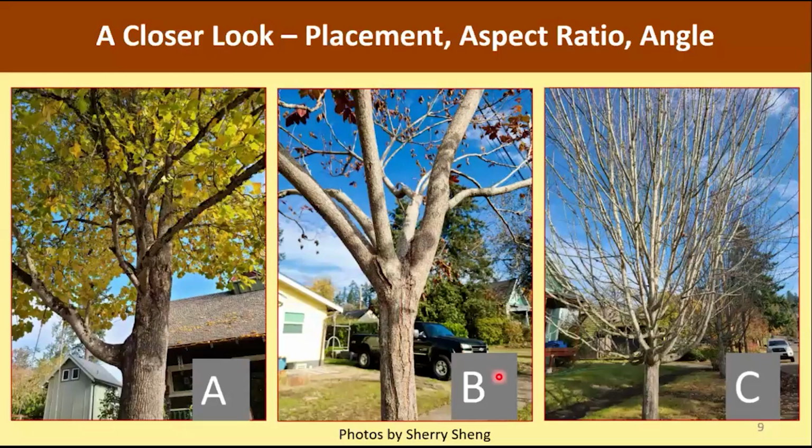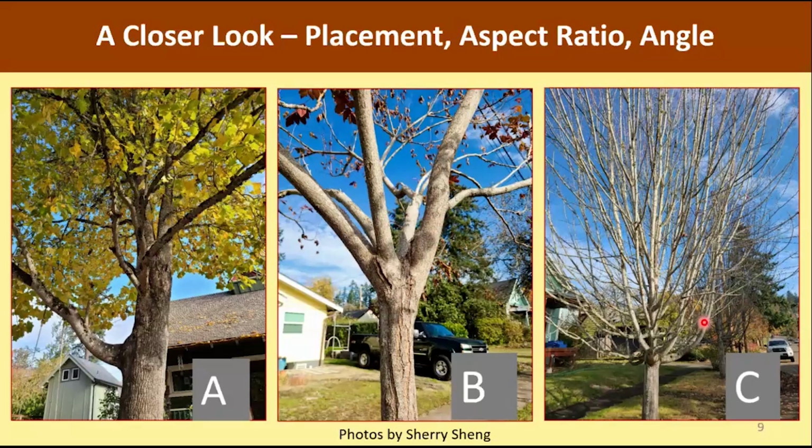Now let's look at B. Branch placement, pretty good 360-degree coverage, but is there vertical distance between branch attachments? I don't see them, so that's not good. As a result, we can see branch angle very close, included bark here, and aspect ratio: all these branches seem to be similar size, a poor aspect ratio.